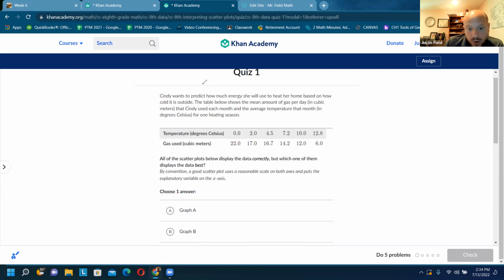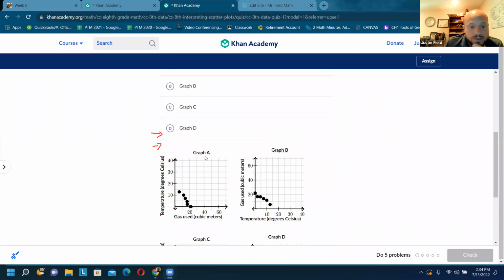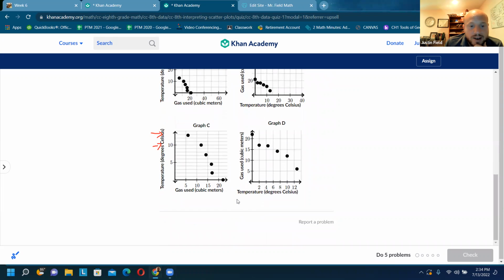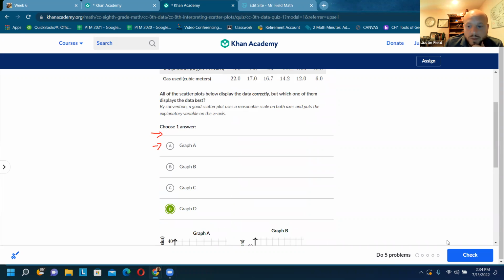The explanatory is the independent. So the top one is going to be the explanatory variable. The bottom one will be the response variable. So we want that temperature on the x-axis. So graph D is the one we want.